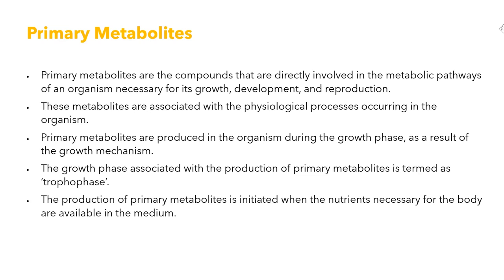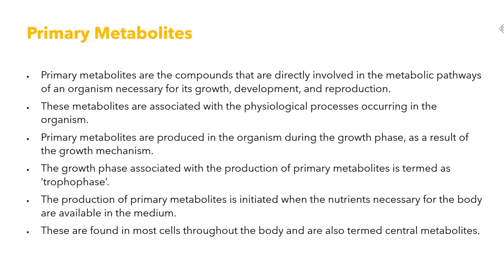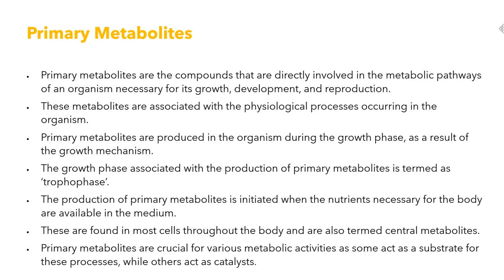The production of primary metabolite is initiated when the nutrients necessary for the body are available in the medium, as primary metabolites directly interfere. These are found in most cells throughout the body and are also termed central metabolites, as they are important. Again, primary metabolites are crucial for various metabolic activities, as some act as a substrate for these processes while others act as a catalyst.